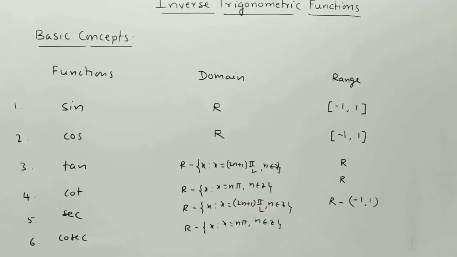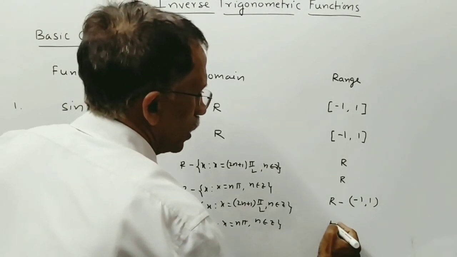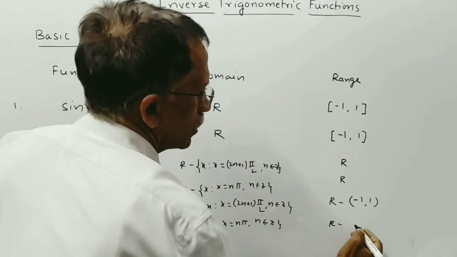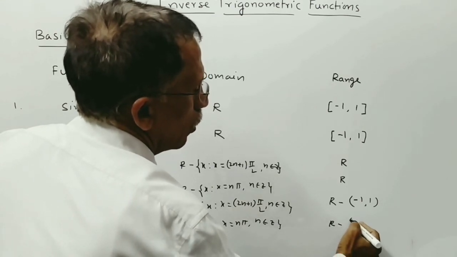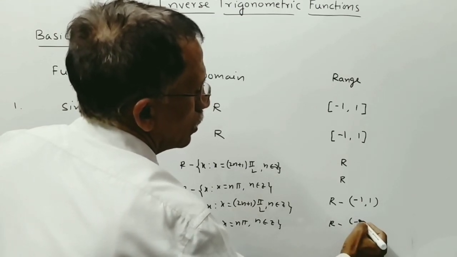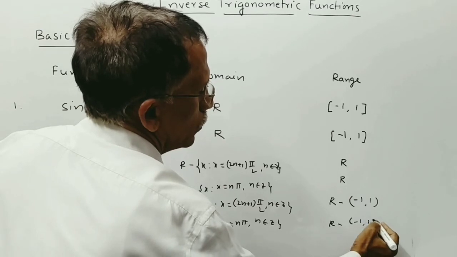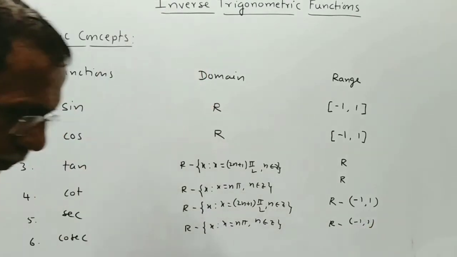So, here also values of cosec function are greater than or equal to 1 and less than or equal to minus 1. Therefore, range is r minus open interval minus 1 to 1.